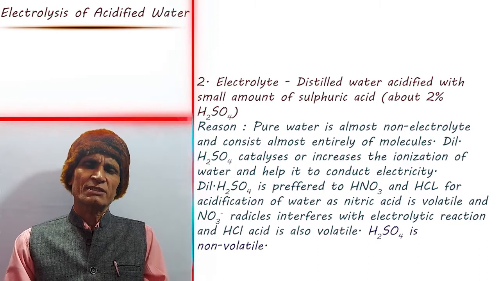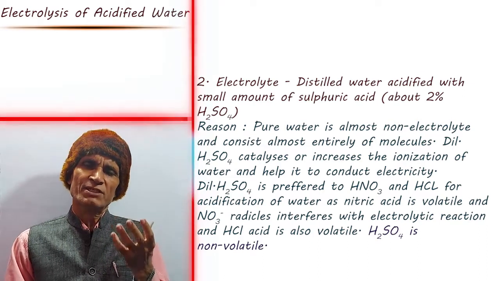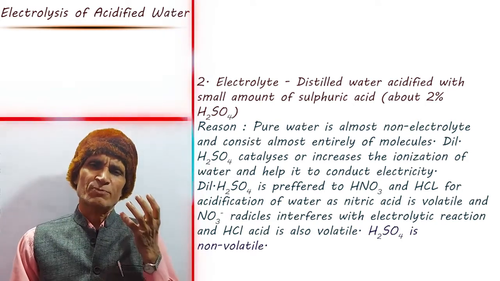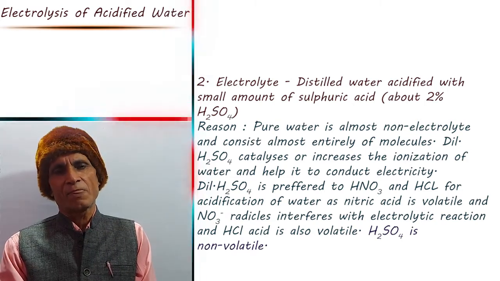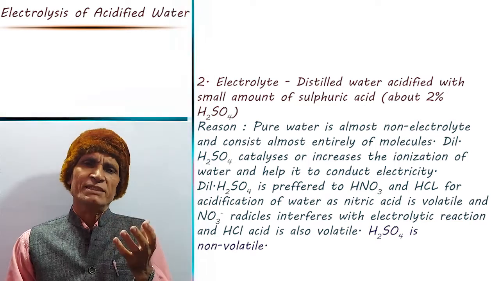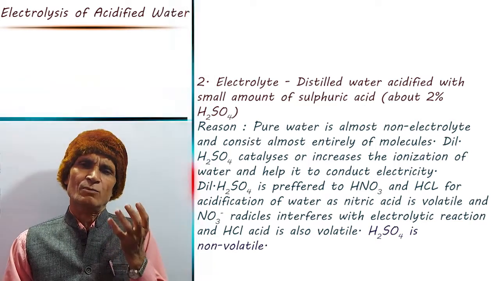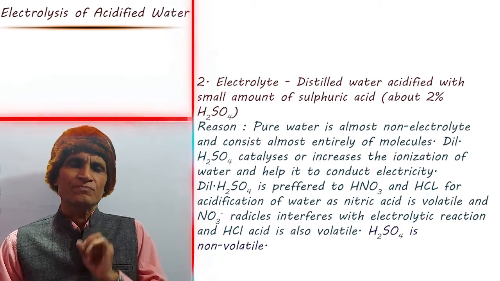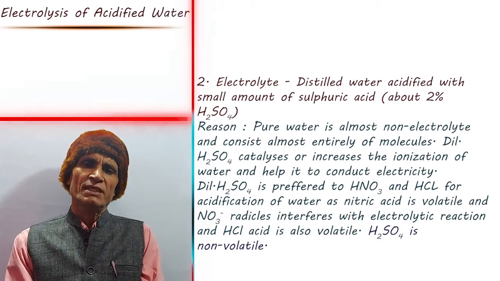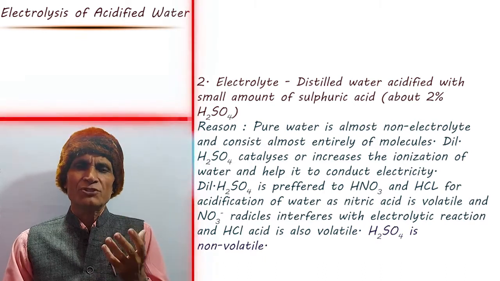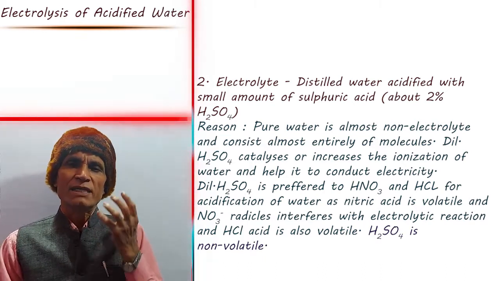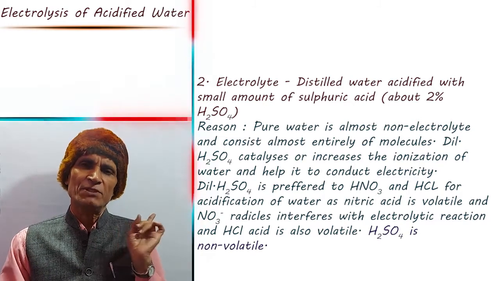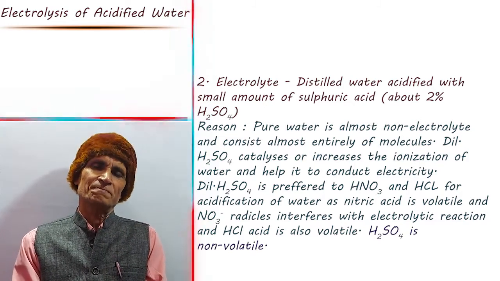It does not conduct electricity to an appreciable extent due to almost absence of ions. Its ionization or dissociation is almost negligible. Therefore, dilute sulfuric acid is added, which increases or catalyzes the ionization of water and helps it to conduct electricity.